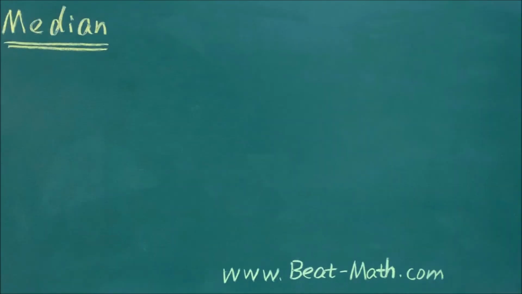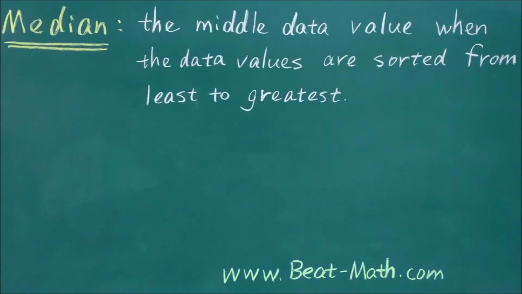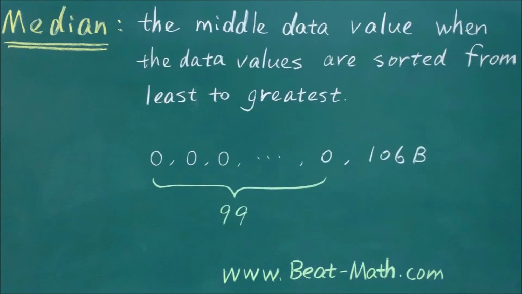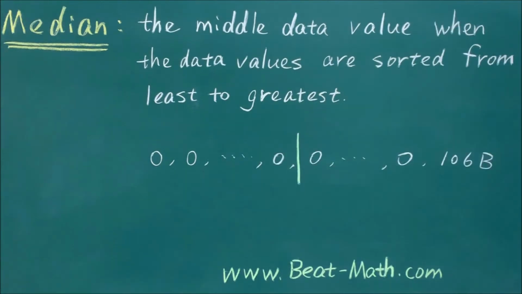Okay, what about the median? The median is the middle data value when the data values are sorted from least to greatest. So first, let's sort the data. The first 99 values are 0 and the last one is 106 billion. The next step is to find the number in the middle. 100 is an even number, so it can be divided into two groups. Each group has 50 numbers.